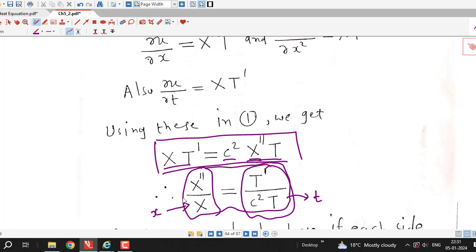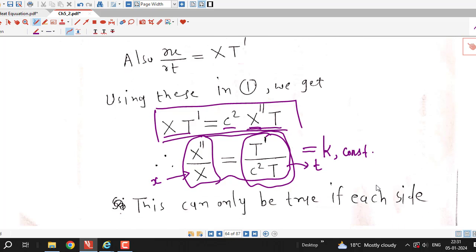and x and t are independent variables, and we have two functions, one a function of x and another a function of t. So this equality can only be true if both the functions are equal to the same constant, say k.